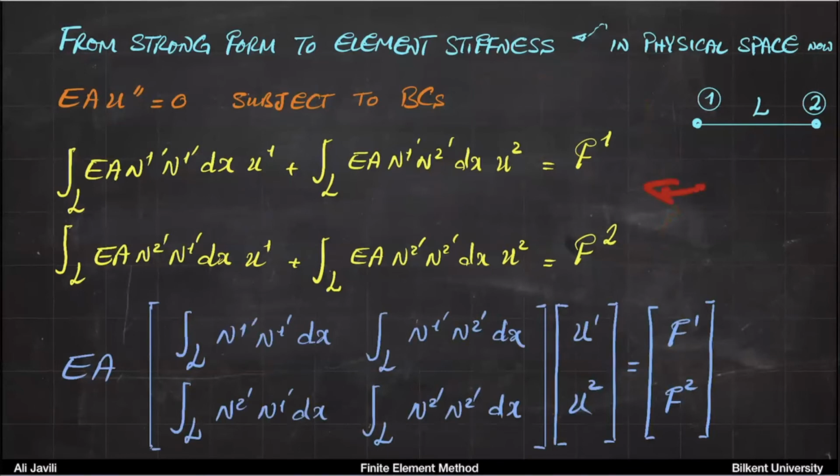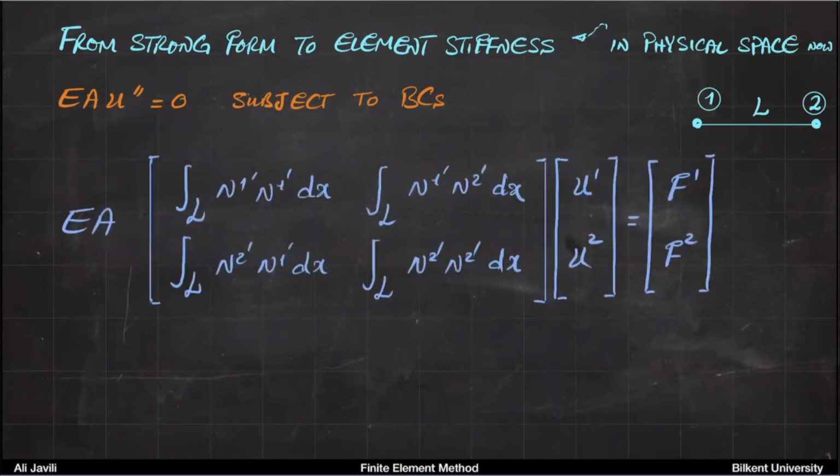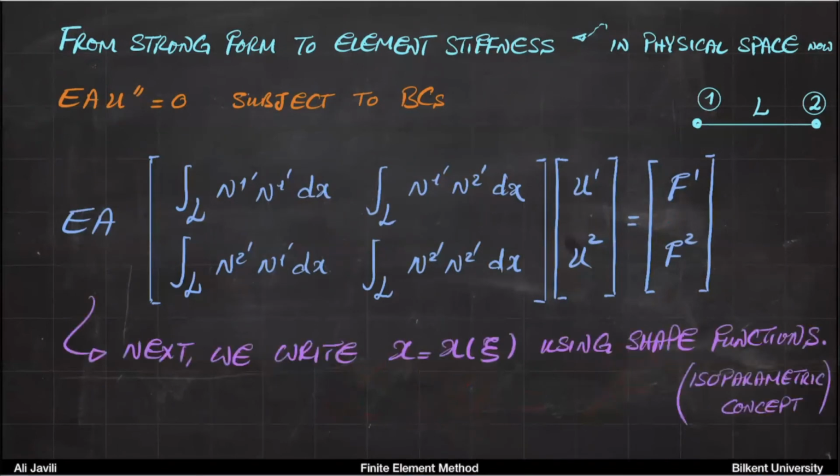Once you have this, it's kind of shouting at you that you can arrange it in a matrix form. So if you arrange that in the matrix form, then you see this very nice format, which reminds you of something like KU equals F. Okay, so this is basically the format that we started the lecture with.